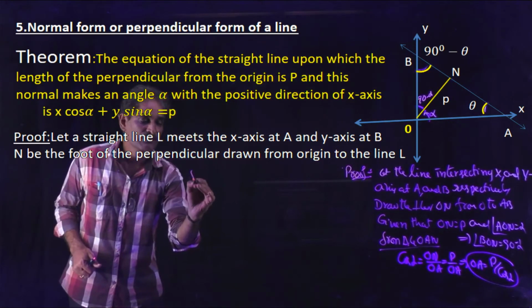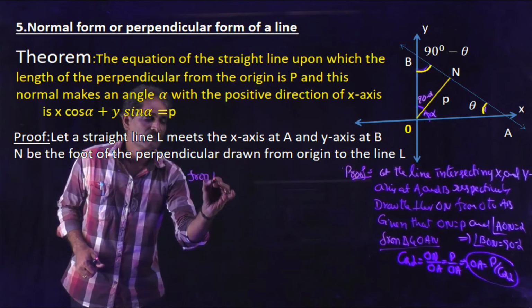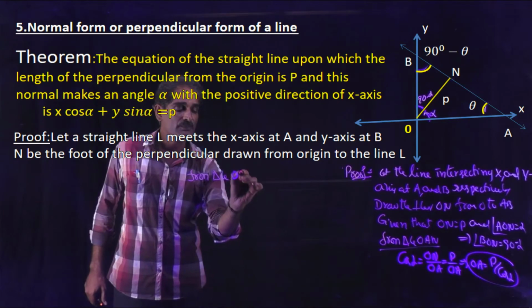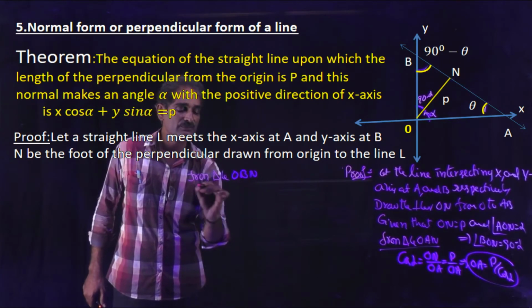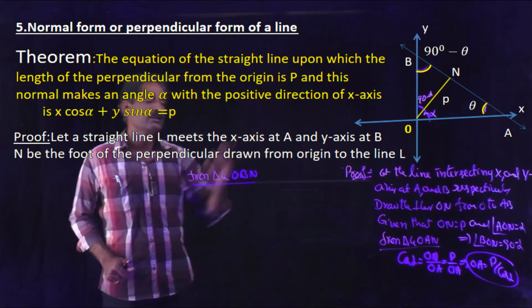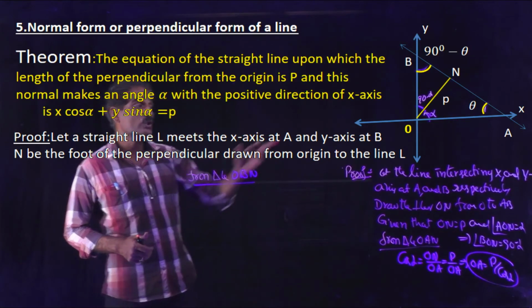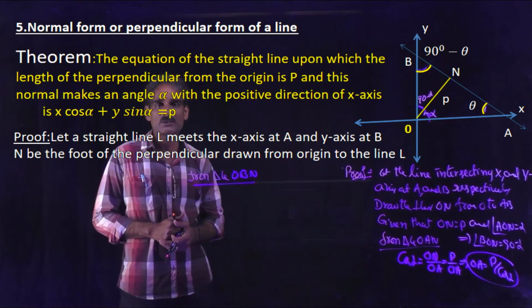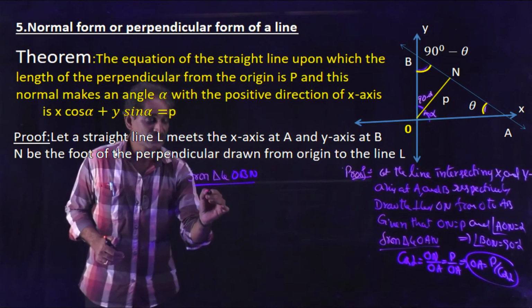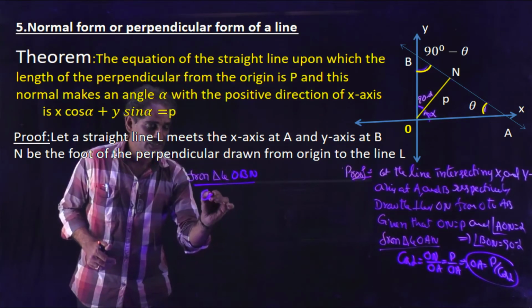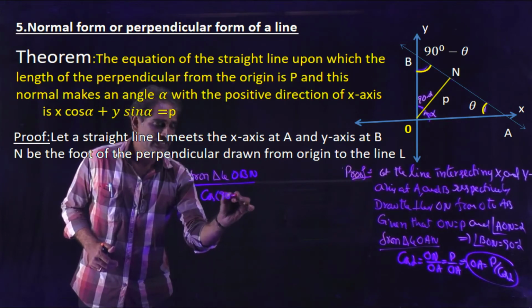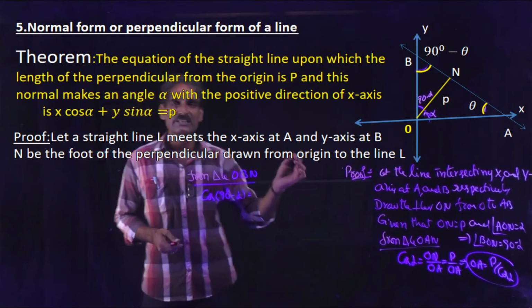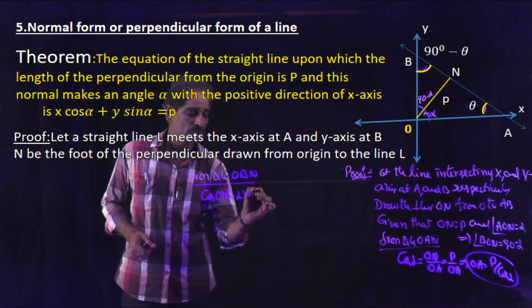Next, from triangle OBN, just observe the figure. We have to find OB length. We know ON length, and the angle is 90 minus alpha. Just apply cos for 90 minus alpha. Cos of 90 minus alpha is equal to, what is the adjacent side? ON.